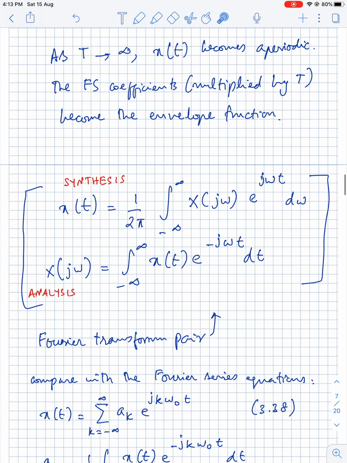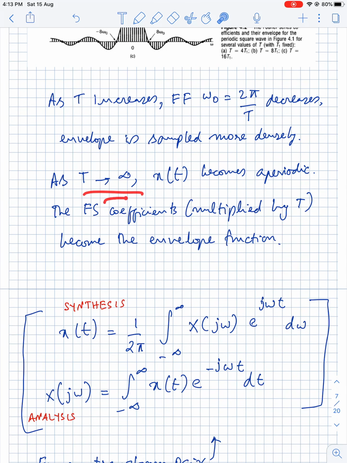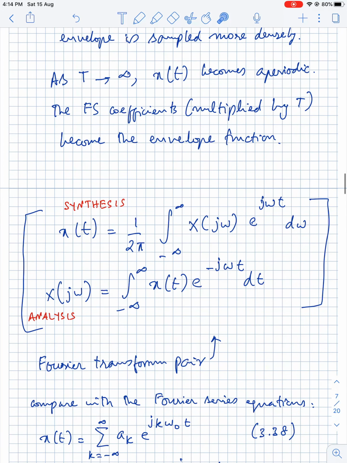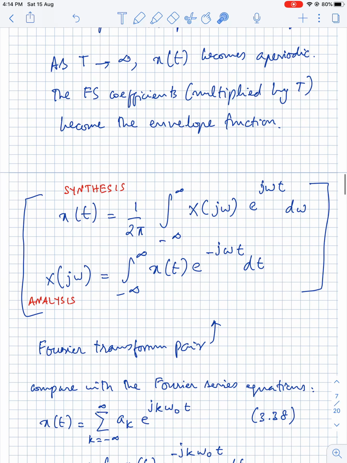Okay. So there is a derivation in the book which shows formally how the Fourier transform comes from the Fourier series by essentially extending this idea. You can have a look at it. It is pretty straightforward, but we will skip the derivation for the moment, and then we will see the final result, that is essentially the Fourier transform pair.